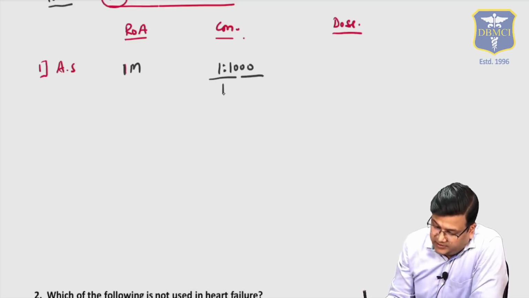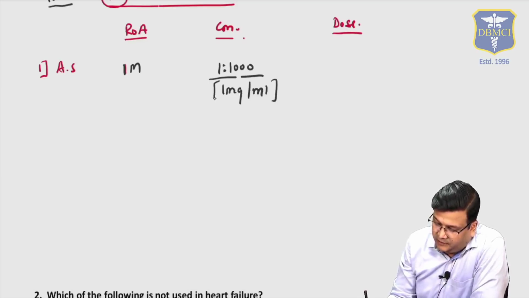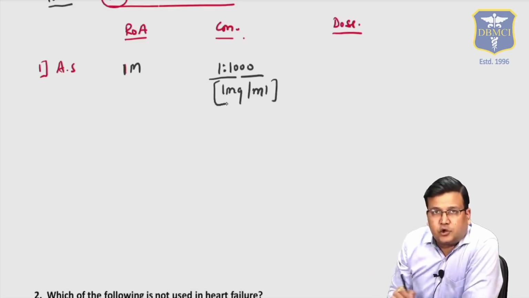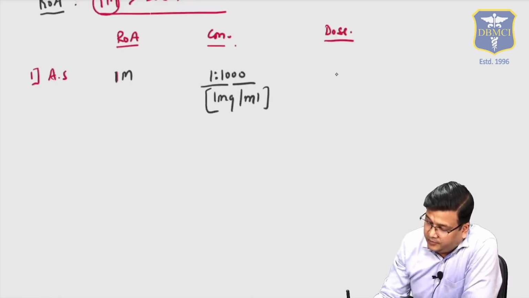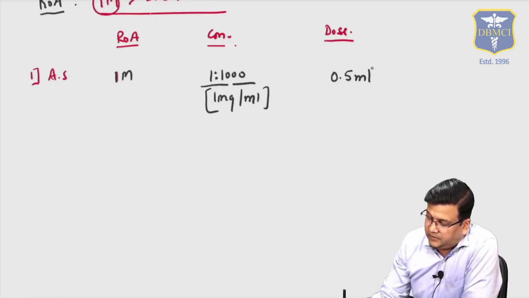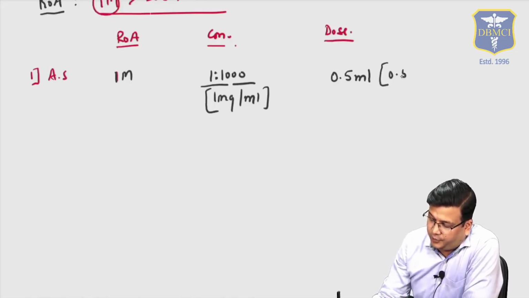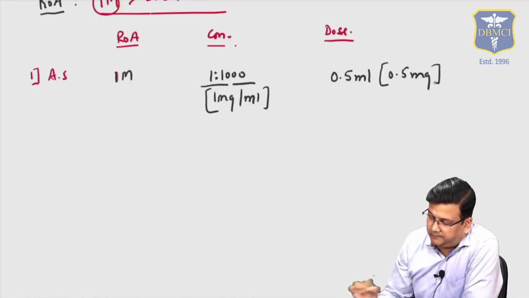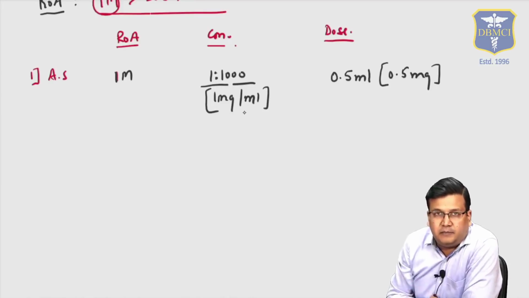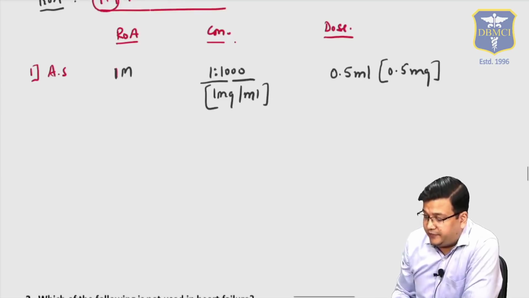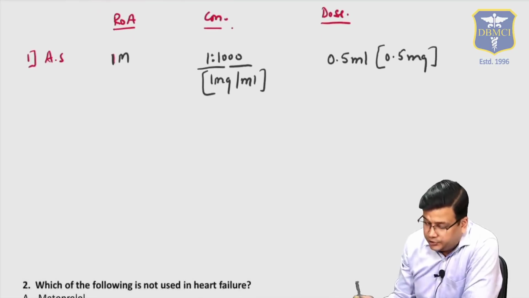So this actually means 1 milligram per ml. That is the meaning of 1:1000. So intramuscular 1:1000 and the dose is 0.5 ml. That means we are giving 0.5 milligram, because 1 milligram is in 1 ml, so half ml will have half milligram. So in anaphylactic shock, this is the preferred route, concentration and dose.